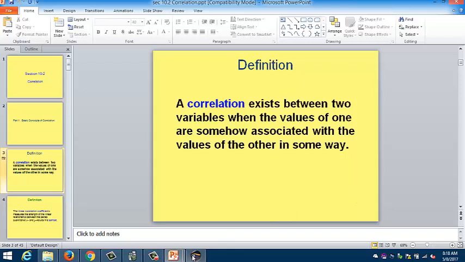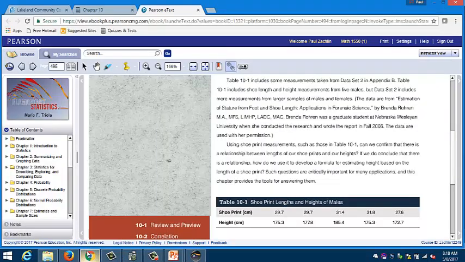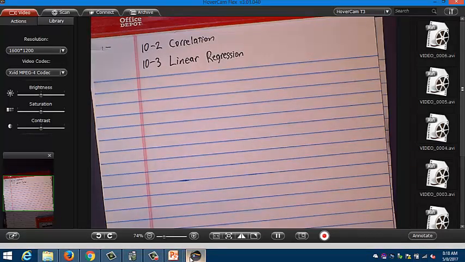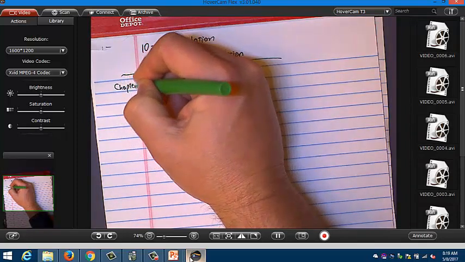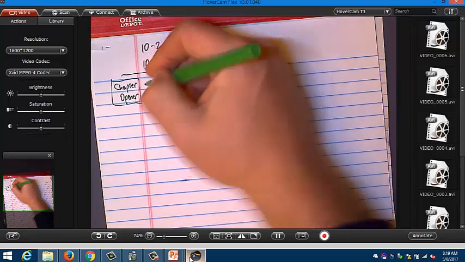So if you think about the problem from the book, what are the 2 variables? Well, shoe print and height. So I could work on the chapter opener here. In the chapter opener, there's this problem.